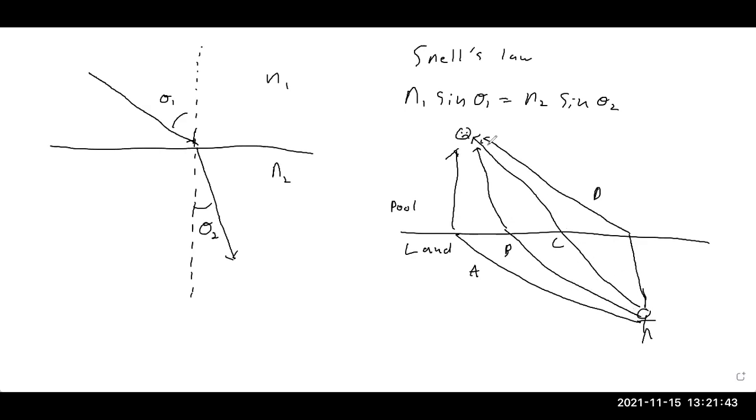Path C has the least total distance, path D, and path B. So if you were trying to get there in the least possible time, how would you get to the swimmer the soonest?